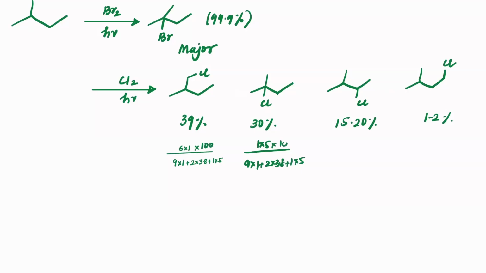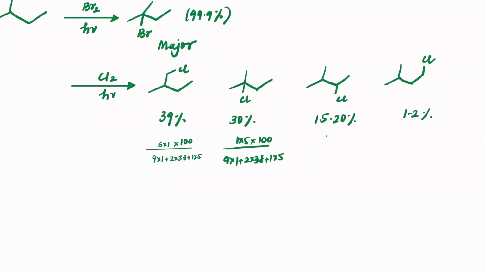And here you will see this is around 2 into 3.8 divided by 9 plus 2 into 3.8 plus 1 into 5, into 100.